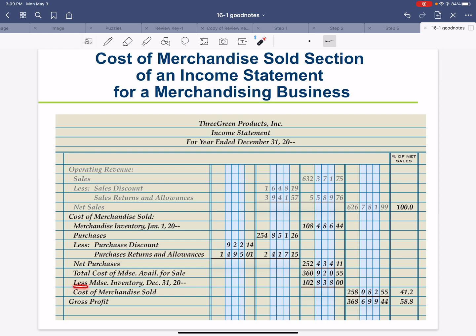Next, we're going to take a look at the merchandise inventory at the end of the fiscal period. This is basically what we have left in merchandise. Okay. Then we'll draw a single line under that. We'll take the $360,920.55 minus the $102,000 of our ending merchandise, and we'll come up with our cost of merchandise sold.